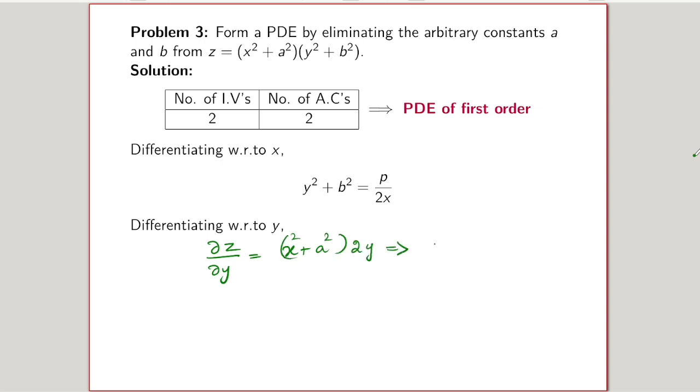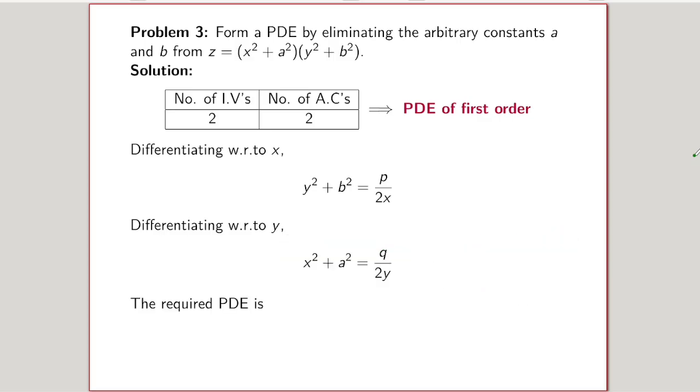This implies q is equal to 2y into x squared plus a squared, or we can write it as x square plus a square is equal to q divided by 2y.